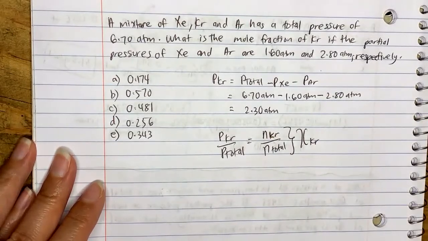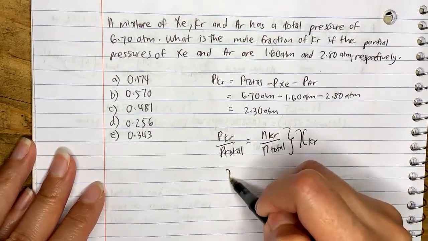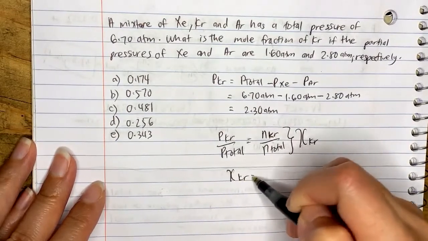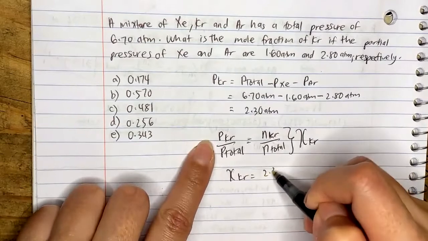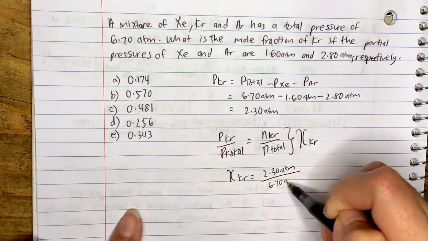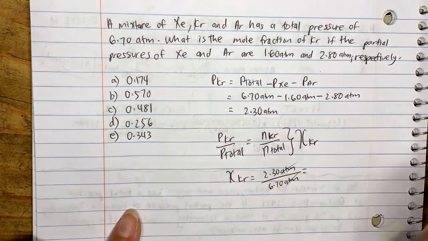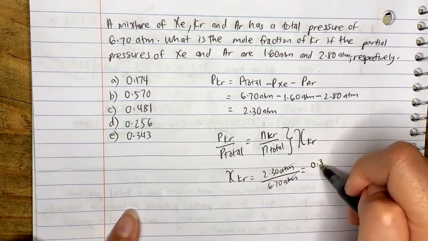So we can get the answer. Mole fraction of krypton is 2.30 atm divided by 6.70 atm. And the units cancel off. Mole fraction has no units, just a fraction of 1, 0.343.